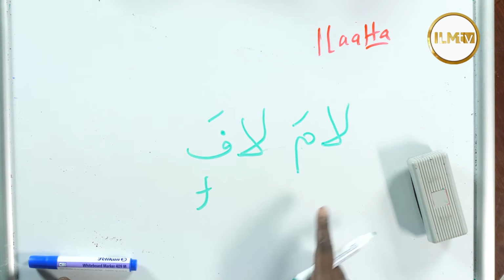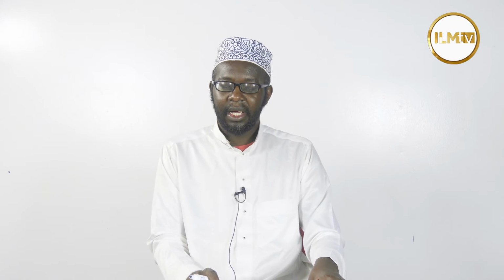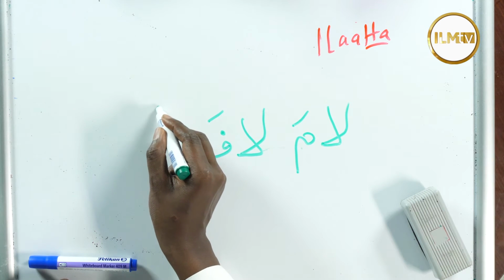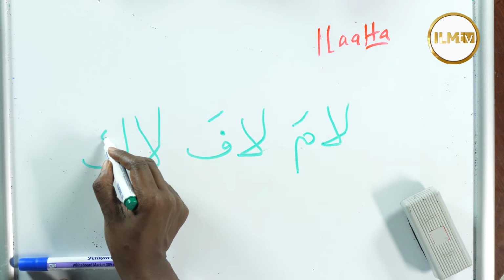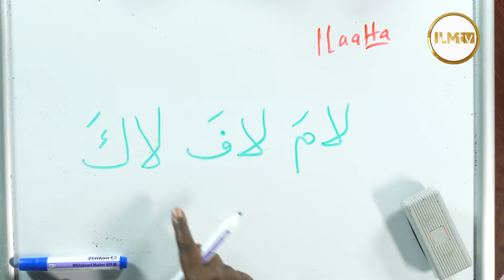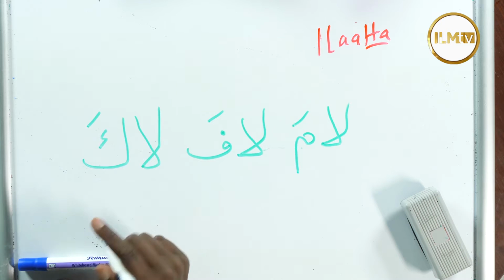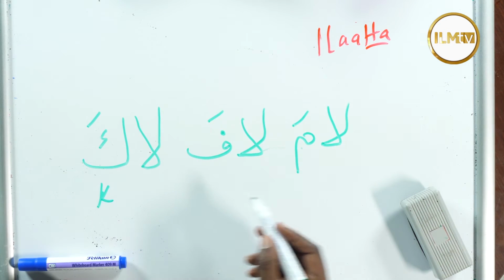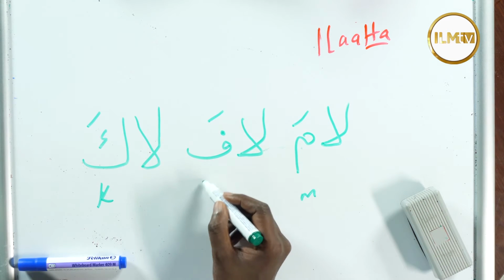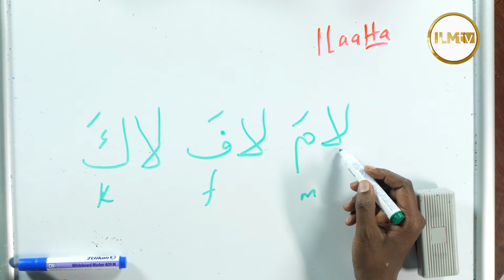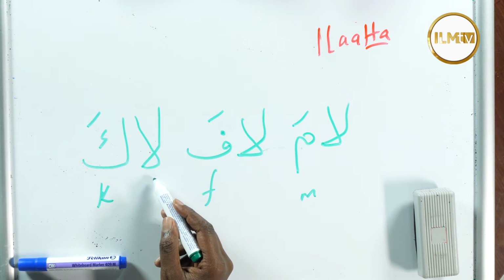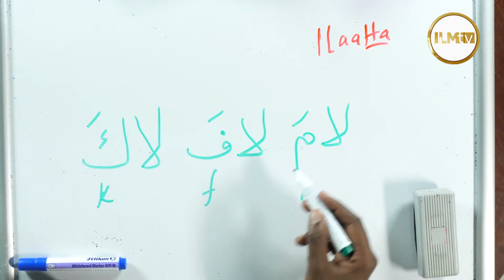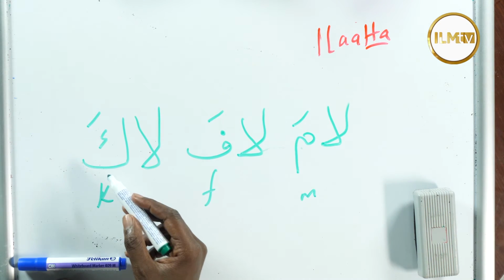La, fa. Another example. La, ka, that's a K. We've done this before. So, we have an M and an F. So, la, ma, la, fa, la, ka.